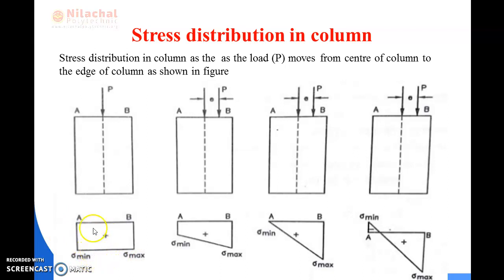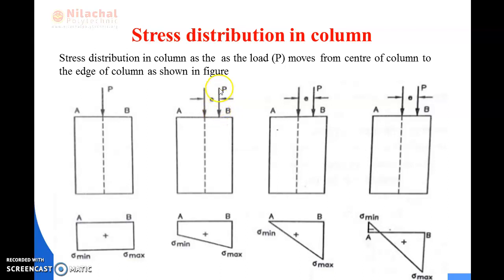That is, in case of this type of loading system, the axial loading system, the sigma minimum value is equal to the sigma maximum value. Then the second figure represents the loading system of eccentricity.